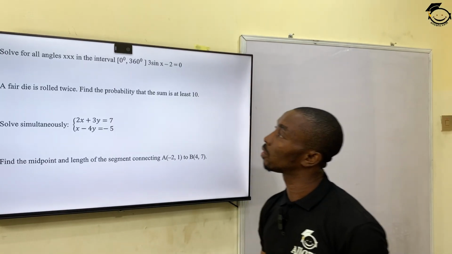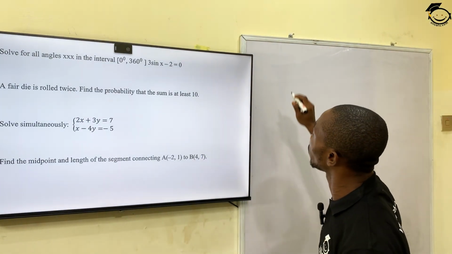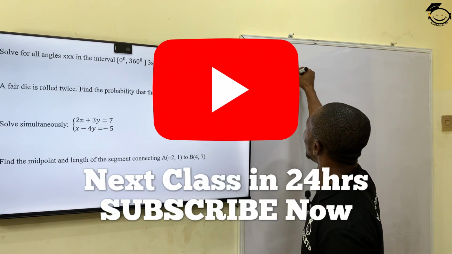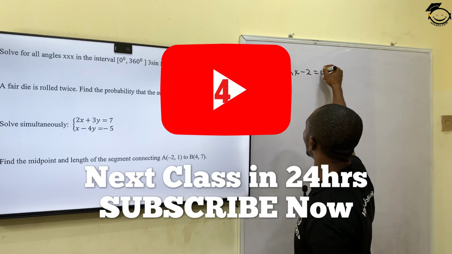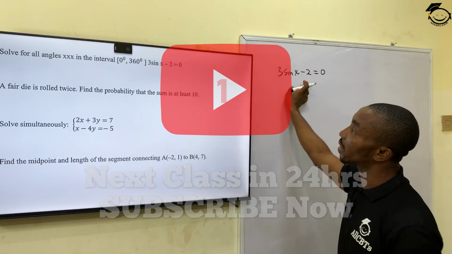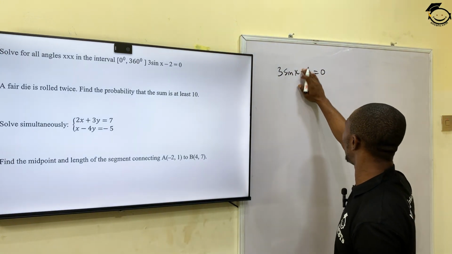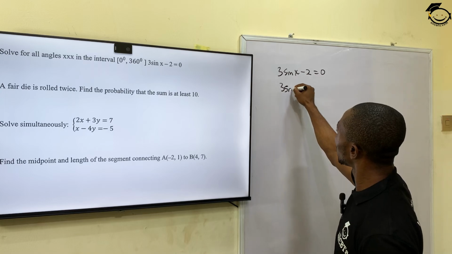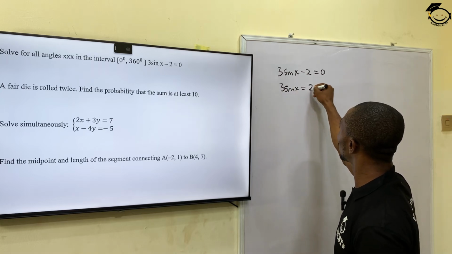Solve for all angles of x in the interval 0 to 360 in 3 sine x minus 2 equals 0. In solving for x, we have to make x alone. First, we move our negative 2 to the other side, so this becomes 3 sine x equals 2.